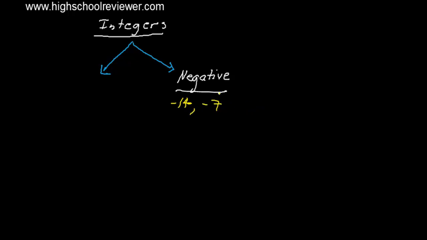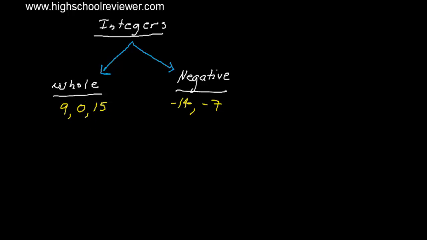All of these are called negative numbers. And the opposite of negative numbers, of course, are the positive numbers, or what we call the whole numbers. Examples of whole numbers: positive 9, 0 is a whole number, and positive 15.